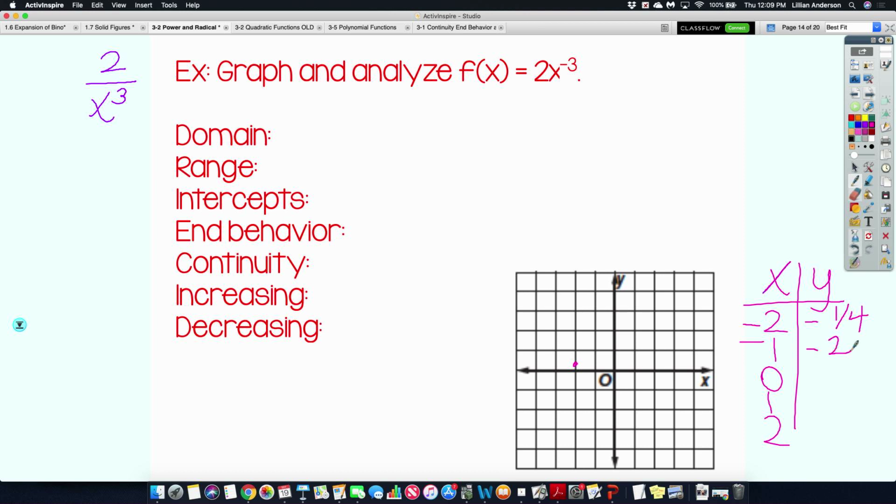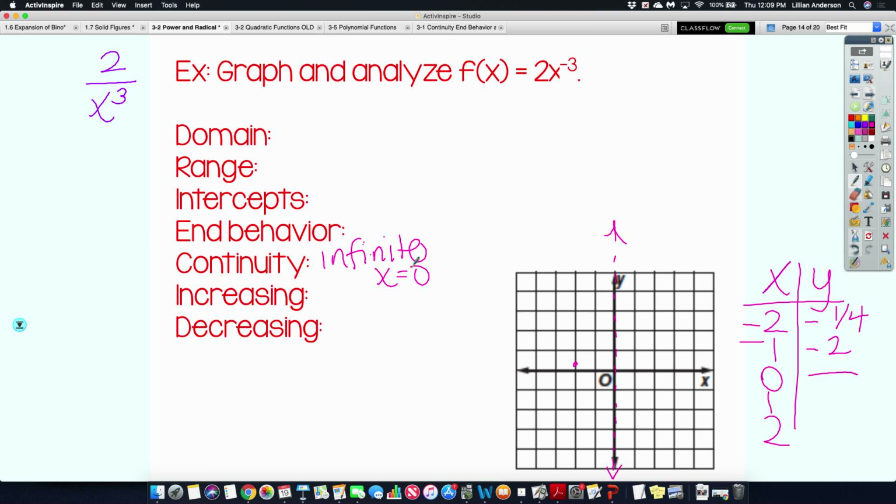If I plug in 0, what happens? It's undefined. And what type of discontinuity is that? It's called infinite. There's a vertical asymptote at x equals 0, which means the domain is not going to be -infinity to infinity.